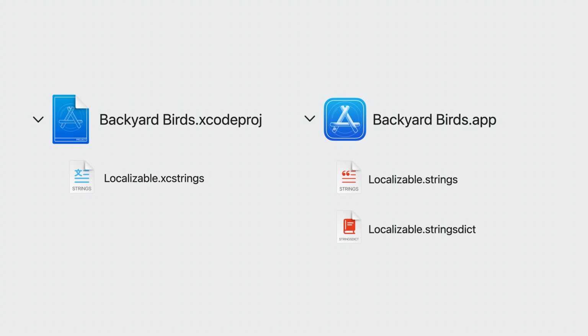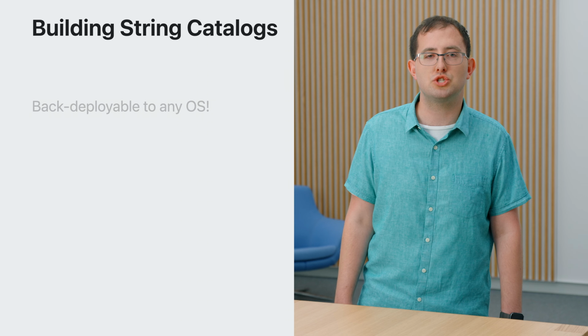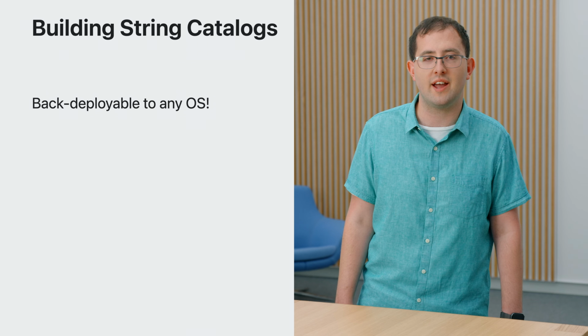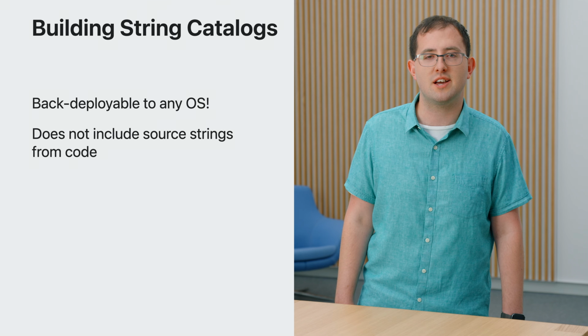Because these file formats have been supported in our operating systems for many years now, I'm happy to say that you can start using string catalogs right away without having to update your minimum deployment target. It's also worth noting that source strings extracted from code are not included in the final build. This should save on disk space without affecting the strings displayed at runtime.